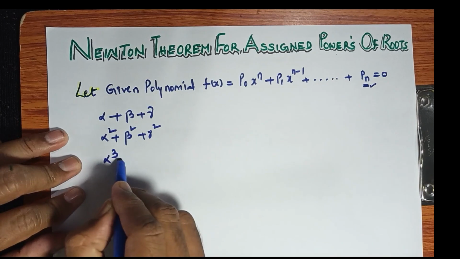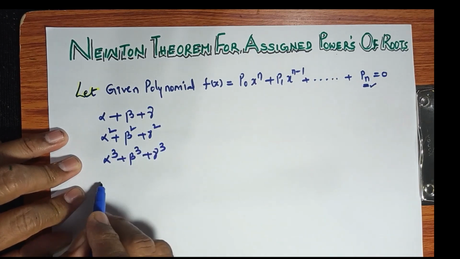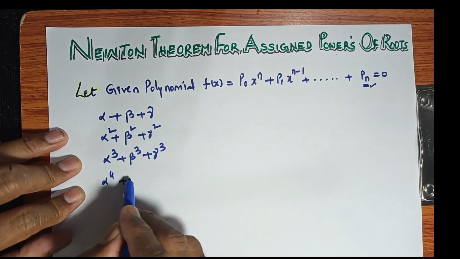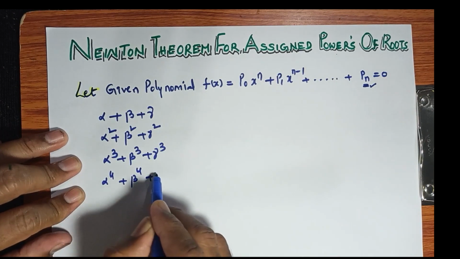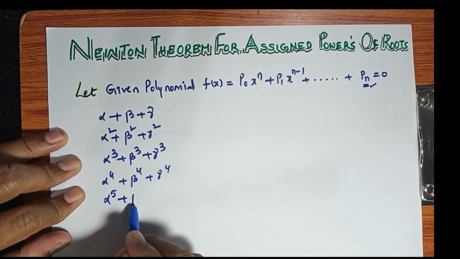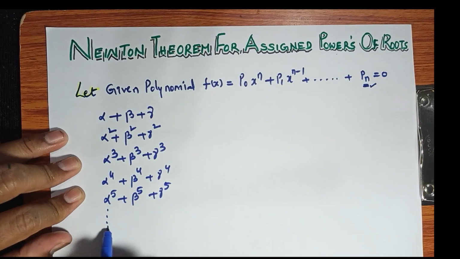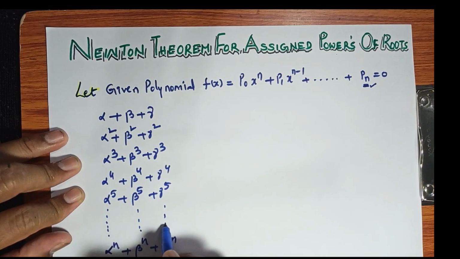Can we find alpha cube plus beta cube plus gamma cube? Can we find alpha power 4 plus beta power 4 plus gamma power 4? And can we find alpha power 5 plus beta power 5 plus gamma power 5, and so on, up to alpha power n plus beta power n plus gamma power n? Can we find these values?